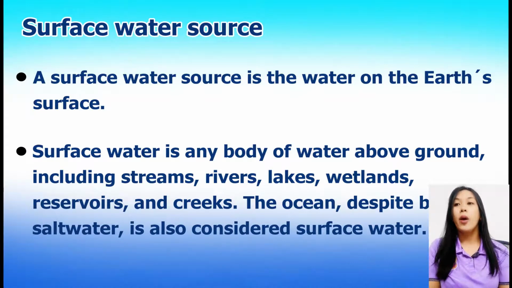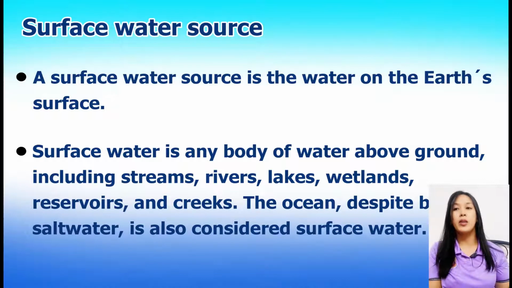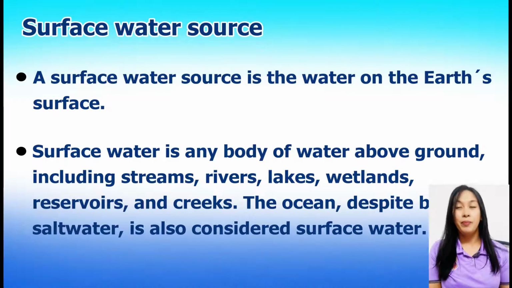It includes streams, rivers, lakes, wetlands, reservoirs, creeks, and the ocean and the seas. Despite being salt water, it is also considered surface water because it is right at the surface of the earth. It is water that is above the ground.